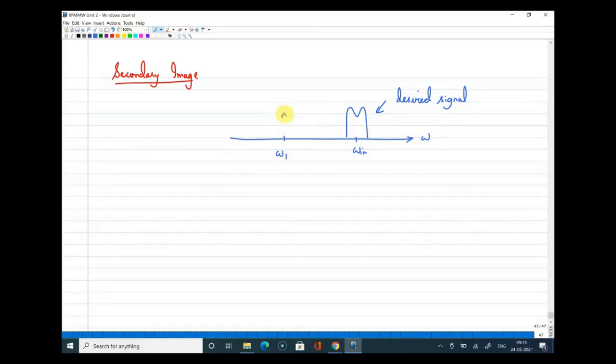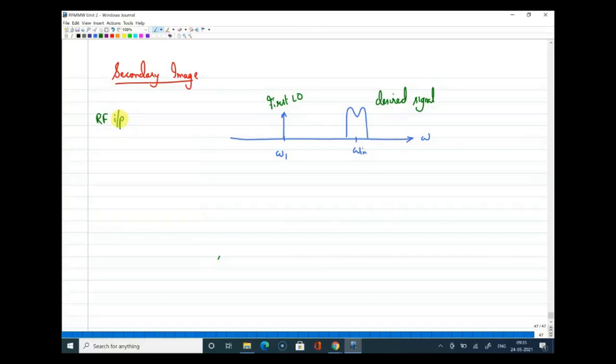Omega 1 is the first LO frequency. So this is the first LO appearing here, and this is the desired signal. This is the spectrum of the input, and the LO will be appearing at omega 1.